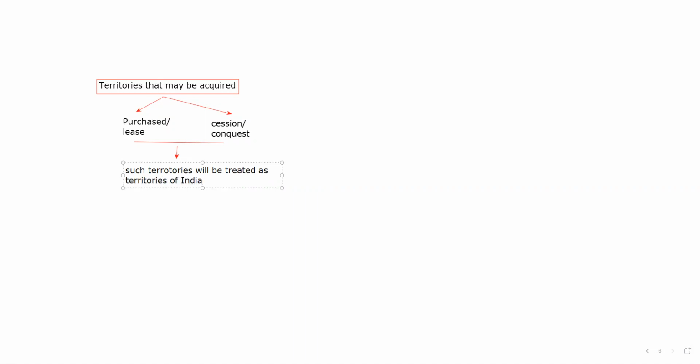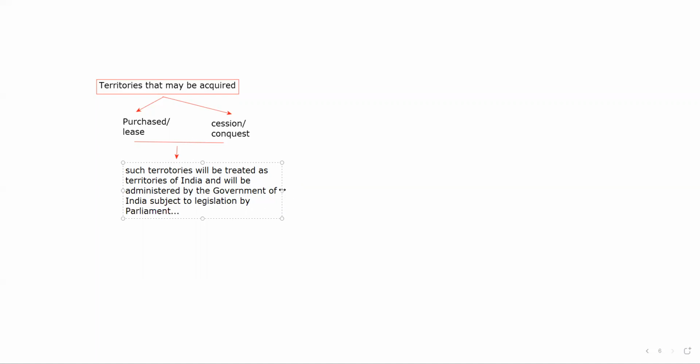And they will be administered by the government of India, subject to legislation by Parliament. Okay, government of India, subject to legislation by Parliament.